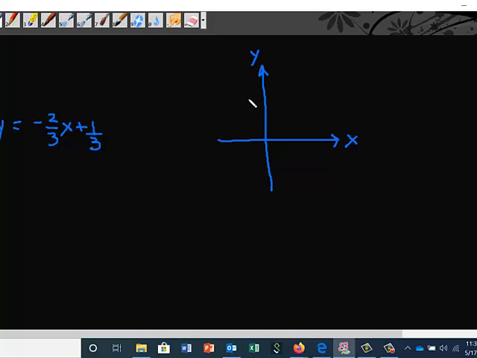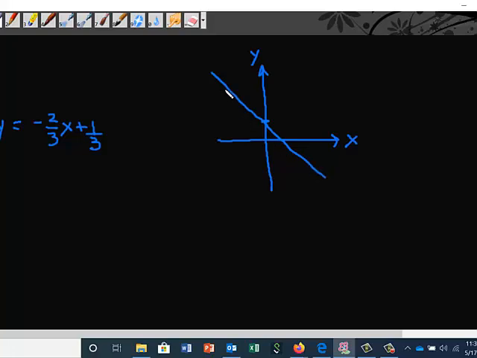So basically, you have a negative slope. The y-intercept of 1/3 is somewhere here. So the graph itself is going to look something like this, because it has a negative slope.